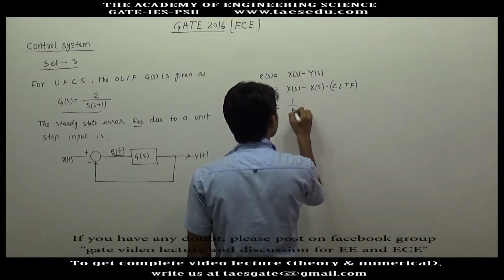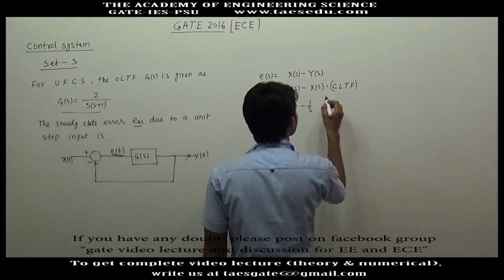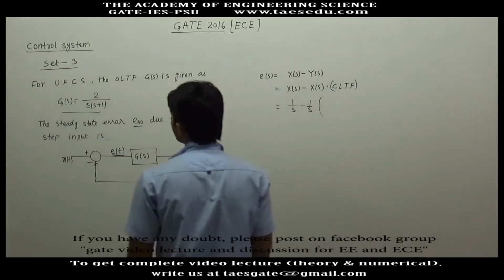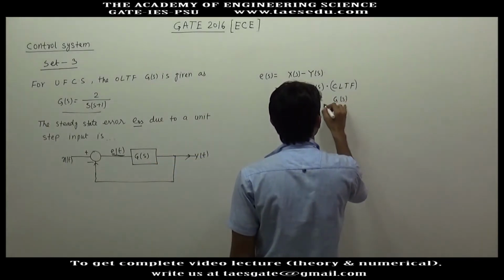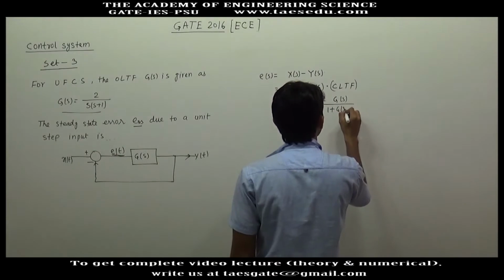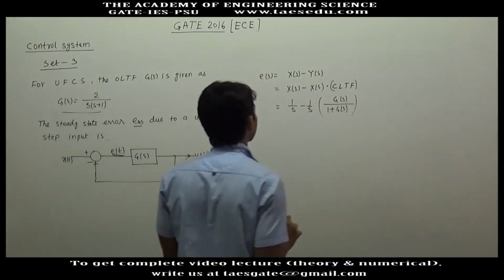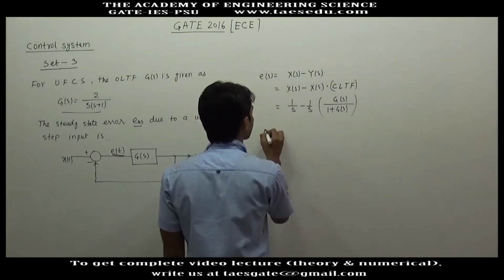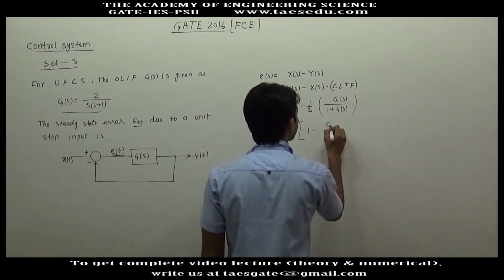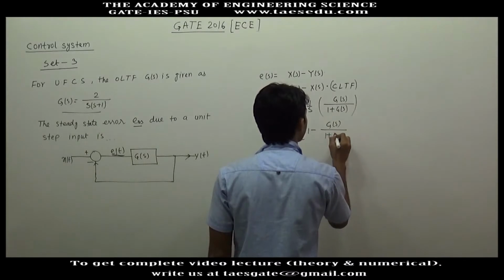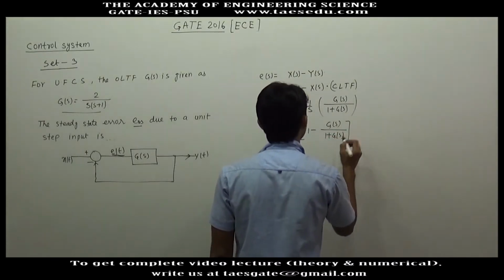X(S) is 1 by S, and the closed loop transfer function will be G(S) divided by 1 plus G(S). So E(S) is 1 upon S into 1 minus G(S) divided by 1 plus G(S).